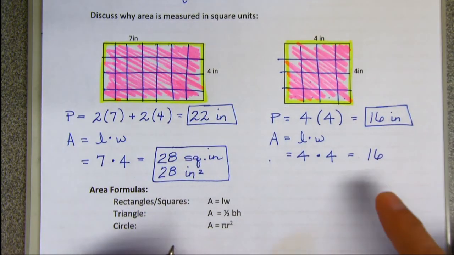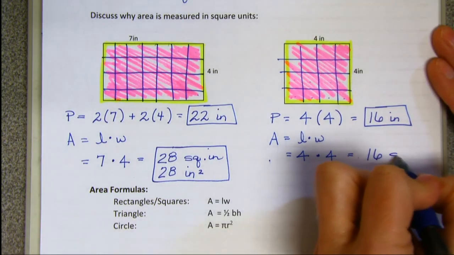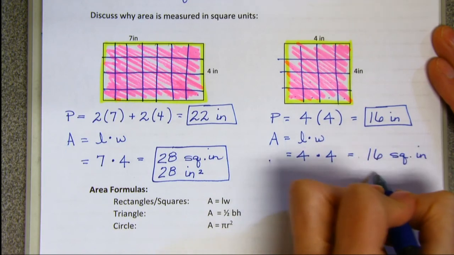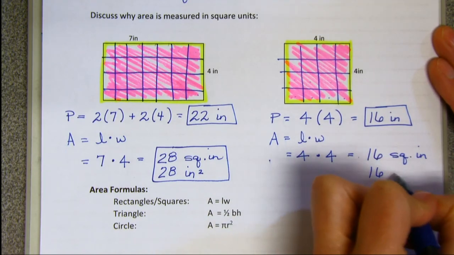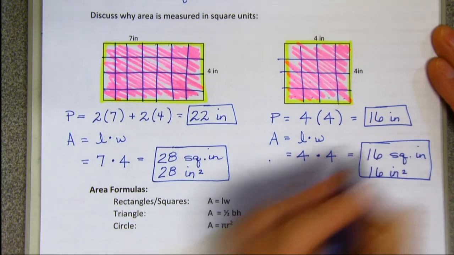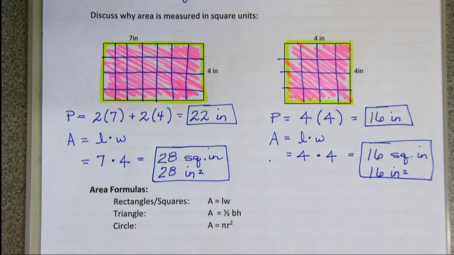That's where I get 16, but it's 16 squares because there are 16 squares and our unit is inches. Or you could write 16 inches squared. All right, so there you go, rectangle, square.